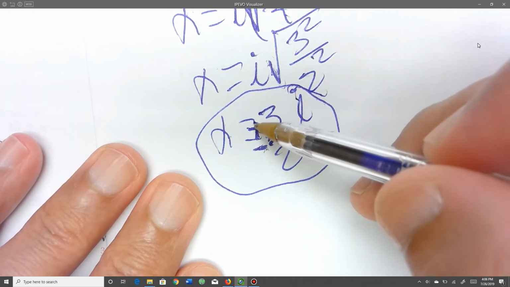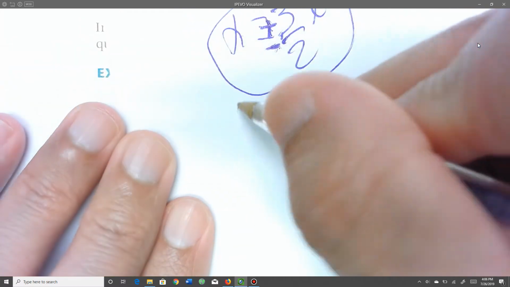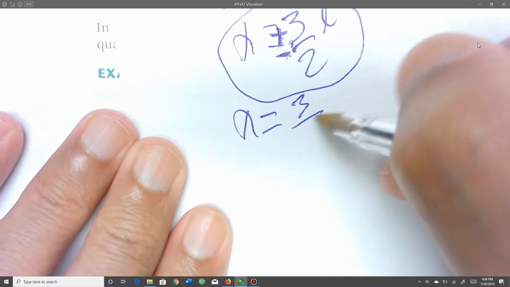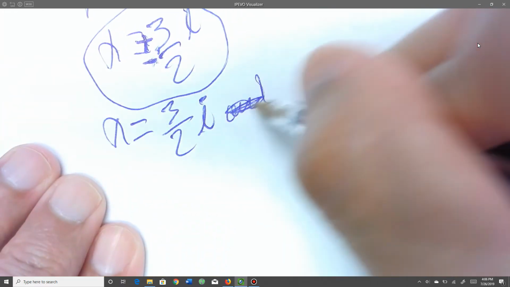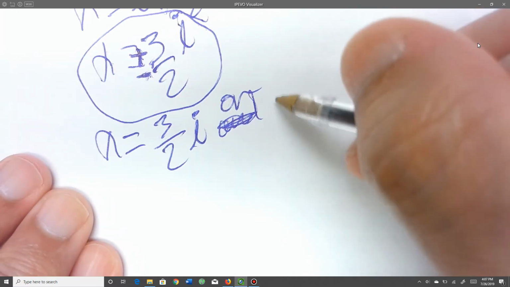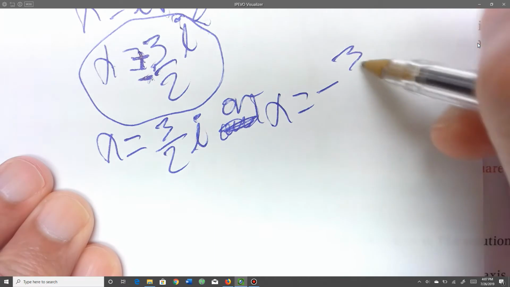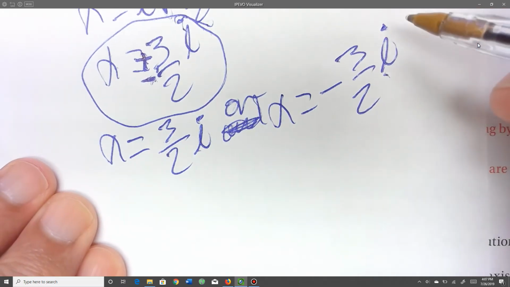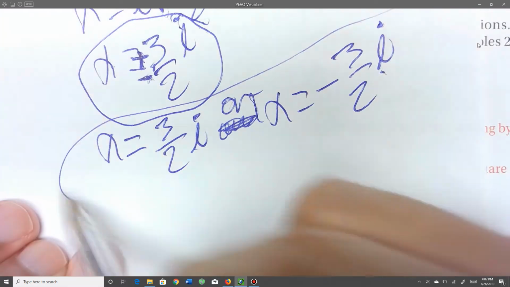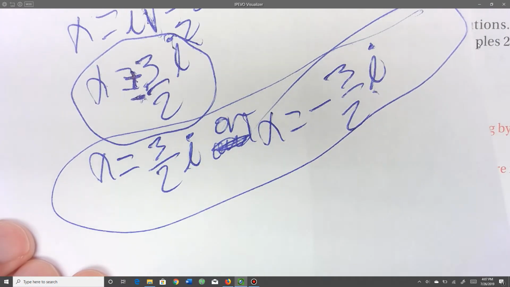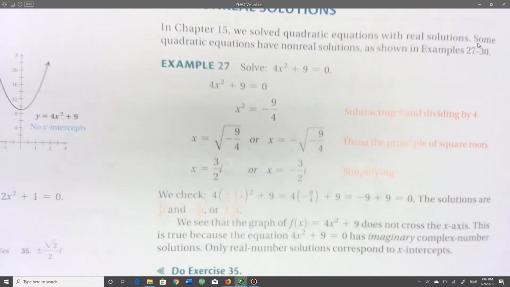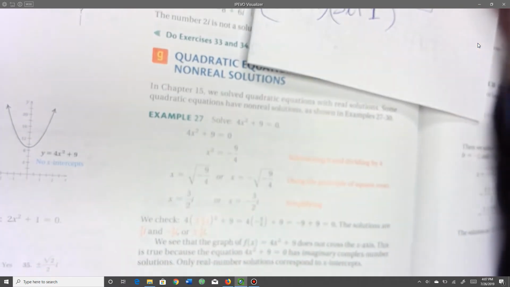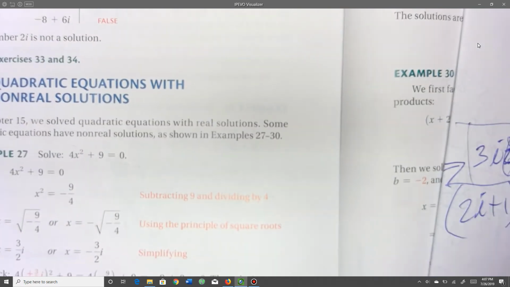So in this case, you would rewrite this as x equals 3 over 2i, or x equals negative 3 over 2i. So those will be the 2 answers there, and you will need to go back to your equation and see which one was correct.